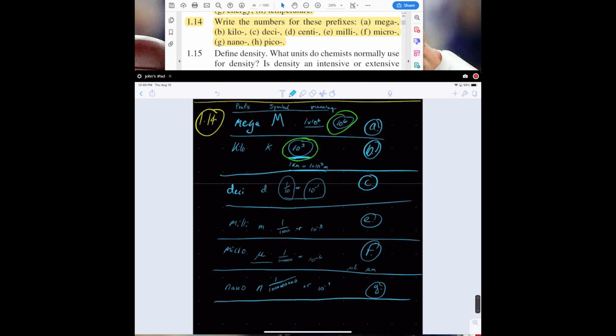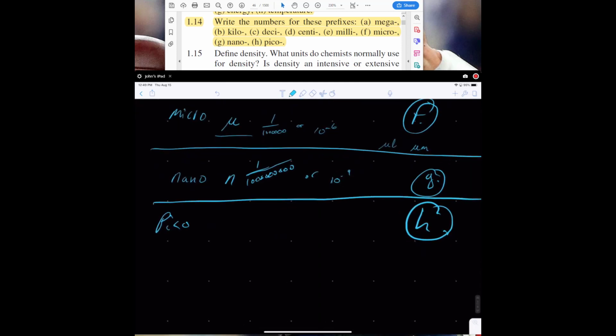And then this last part, H, pico. Like picometer, picoliter, picogram. So it's pico, P-I-C-O. And it's just a lowercase p.